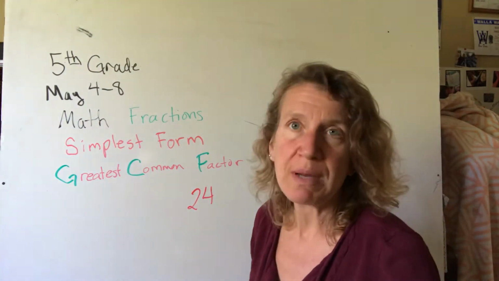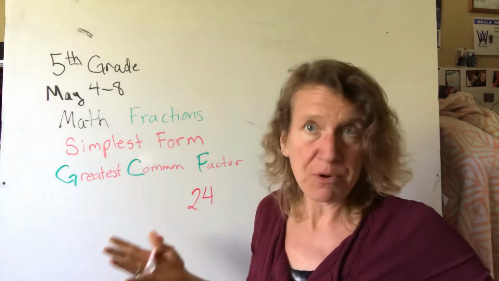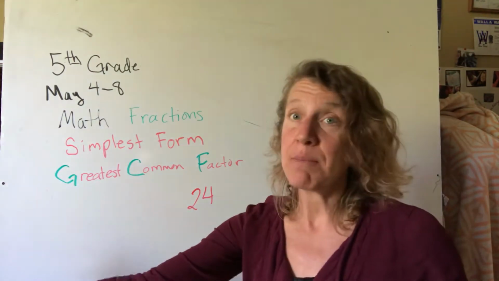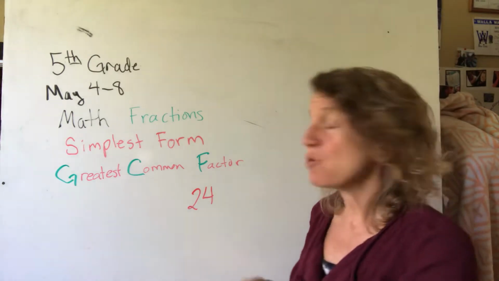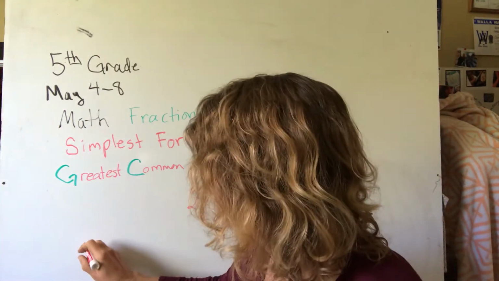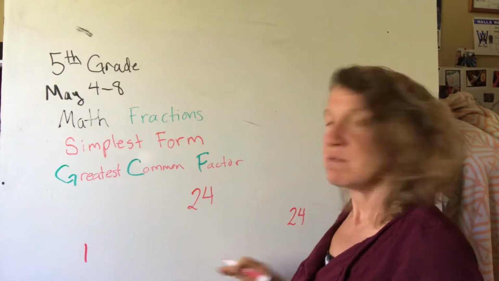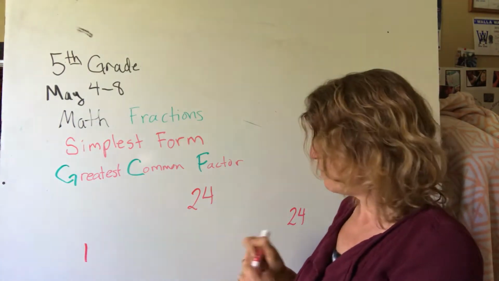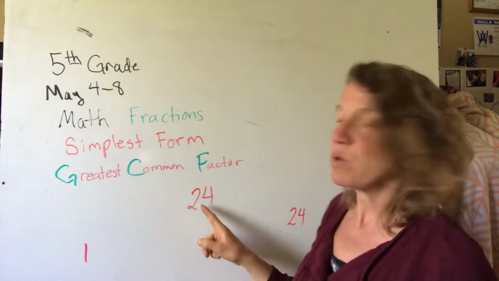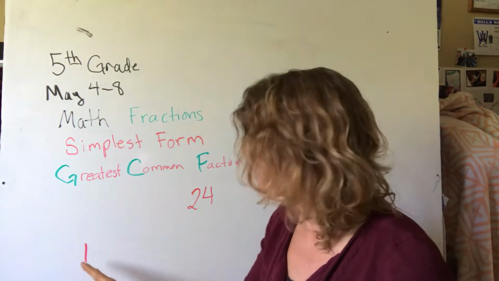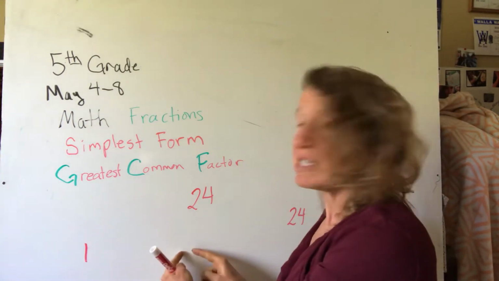Now, the first two numbers we know every number has as factors are the number 1 and itself. That is going to be the smallest factor a number has and the biggest factor a number has, right? So 1 times 24 equals 24. Now, I'm going to start moving this direction until I meet in the middle.